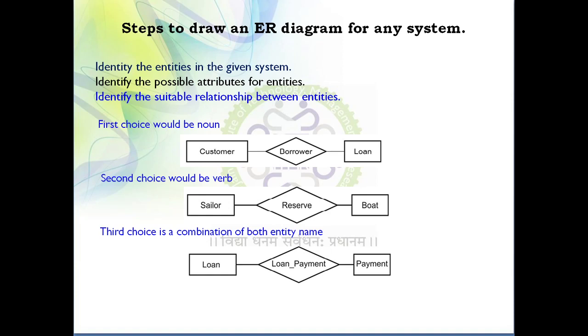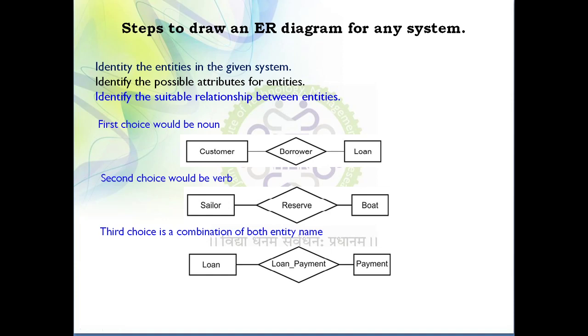So while deciding a relationship name between two entities, you need to follow certain things which I have listed over here. Your first choice would be the noun. Suppose here I have two entities, one is a customer and the second one is a loan. In that case, is any particular noun available?